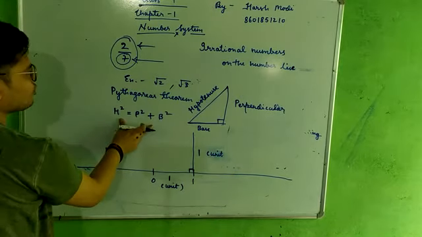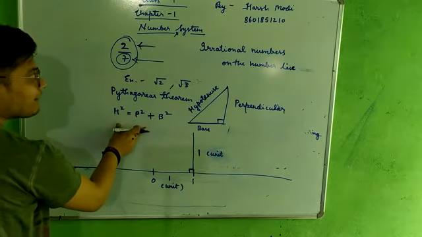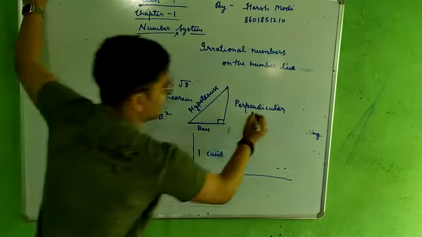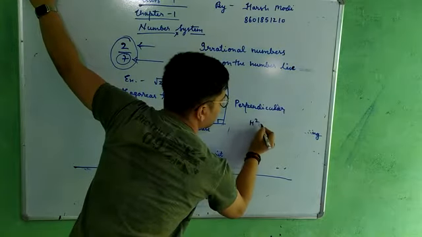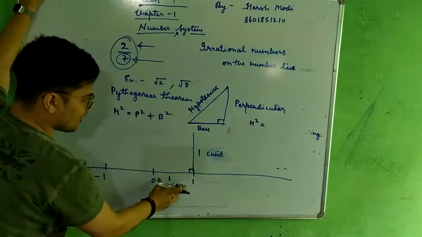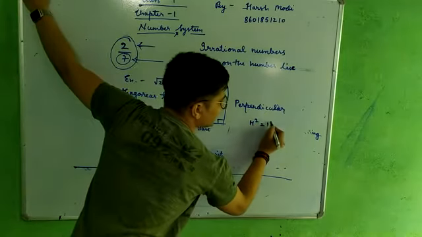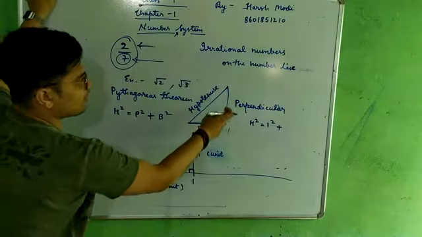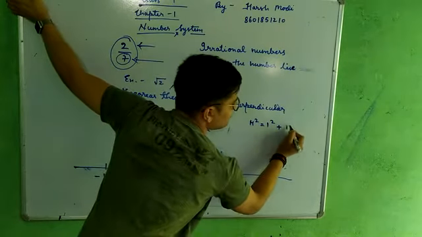Then according to the Pythagoras theorem, hypotenuse square equals base square plus perpendicular square.